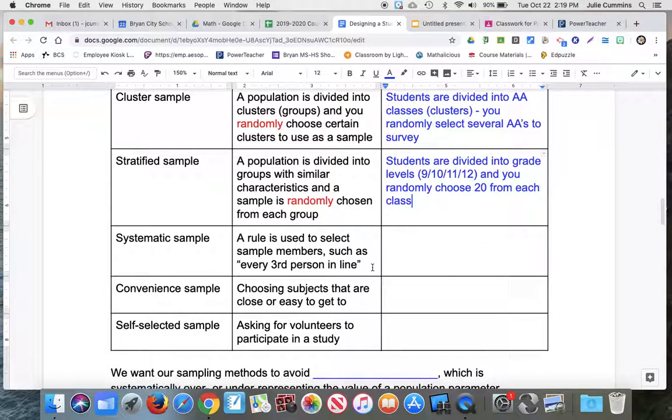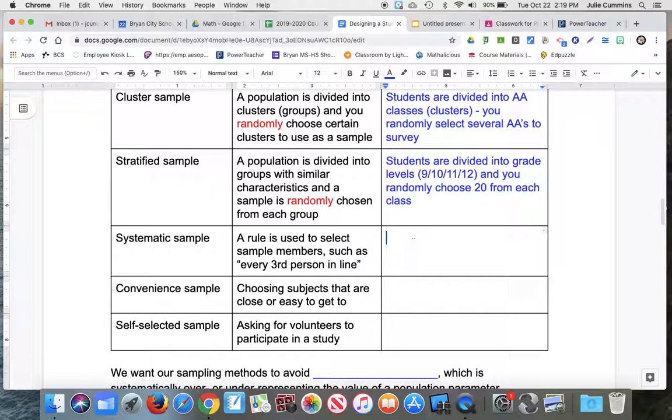A systematic sample is one of the best ways to get a good random sample for your survey. And you just have some sort of rule to select the members. So like every third person in line in the lunch line.